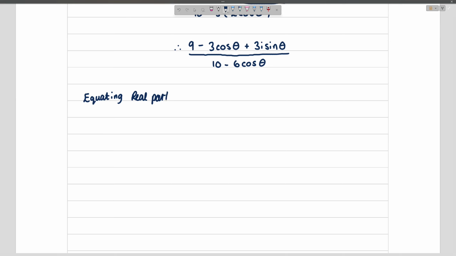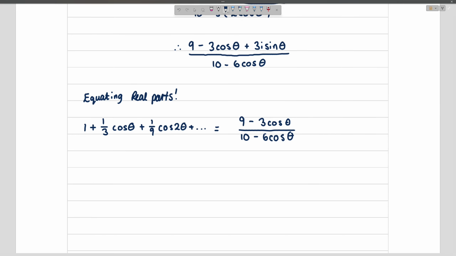Equating the real parts, I've got 1 plus 1 over 3 cos theta plus 1 over 9 cos 2 theta plus so on and so on. This is equal to, my real part here, 9 minus 3 cos theta all over 10 minus 6 cos theta.